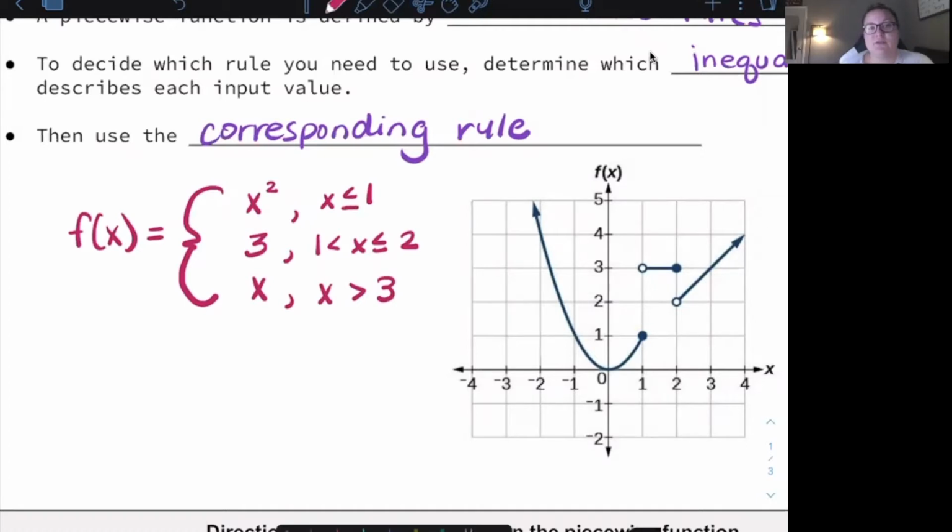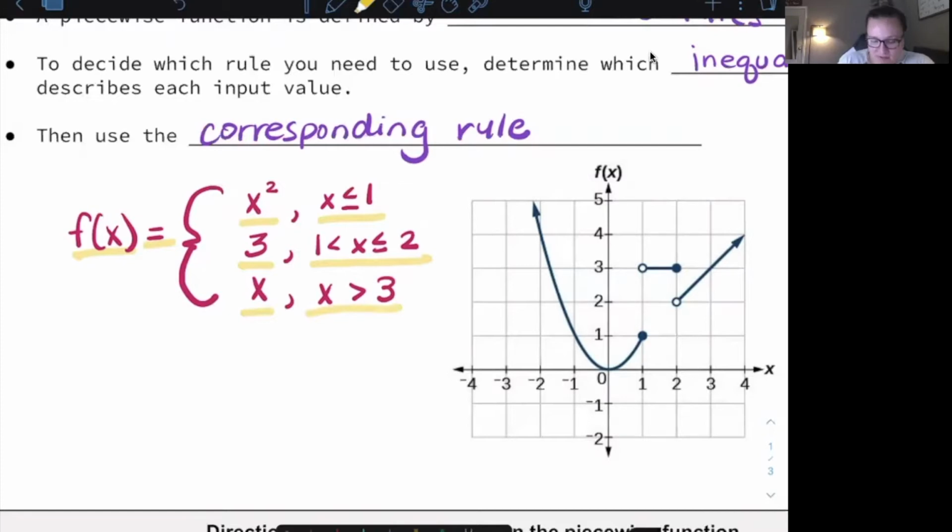Okay, so I'm going to now practice with you how to read a piecewise function. The way that you would read this is f of x is equal to x squared if x is less than or equal to 1, 3 if 1 is less than x is less than or equal to 2, and x if x is greater than 3.